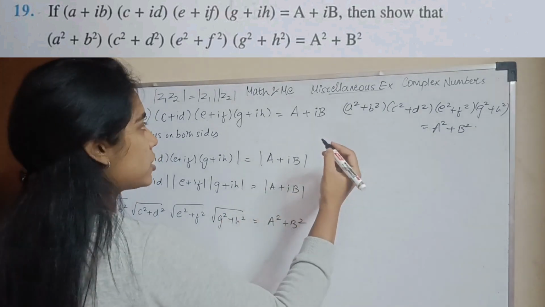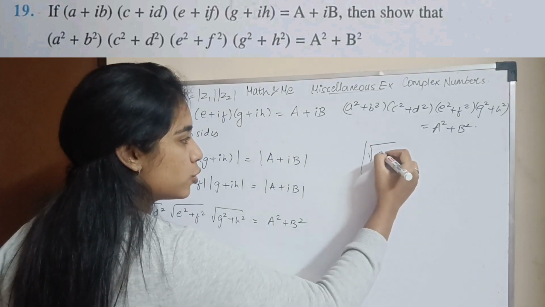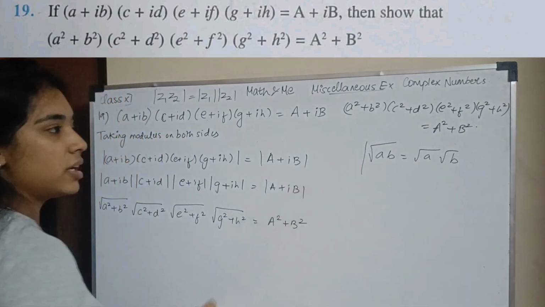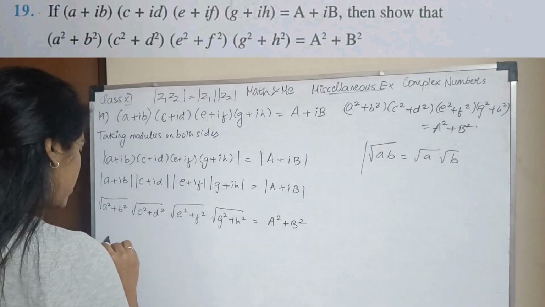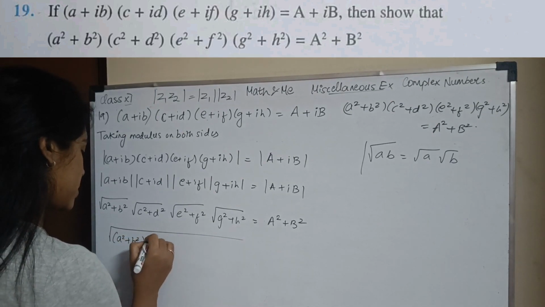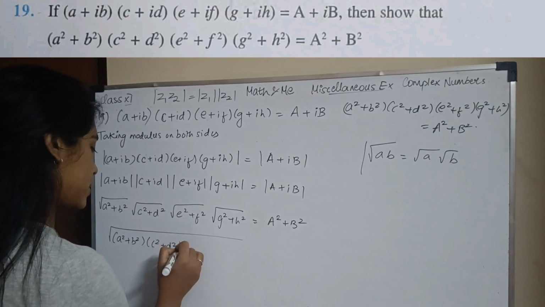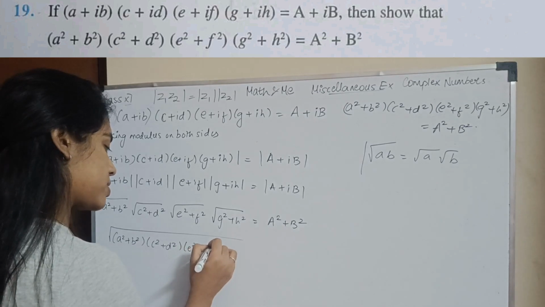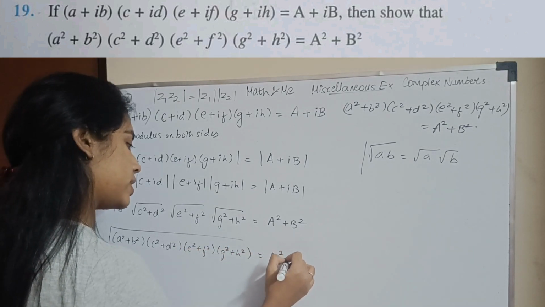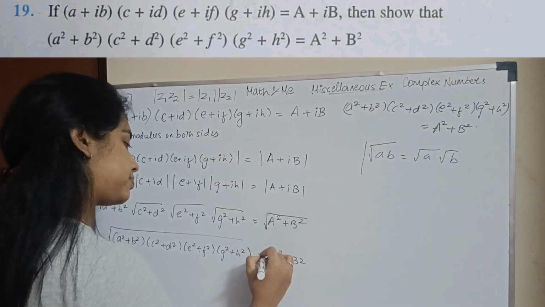Now if you have terms inside square roots, what can we do? If you have root of ab, you can split it as root a into root b. Root a into root b, you can write them in one square root. So I have square root of (a² + b²)(c² + d²)(e² + f²)(g² + h²) equals square root of A² + B².